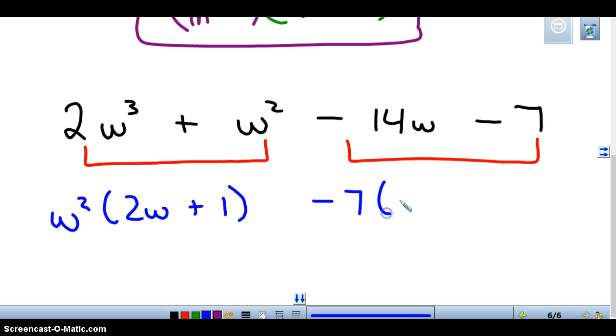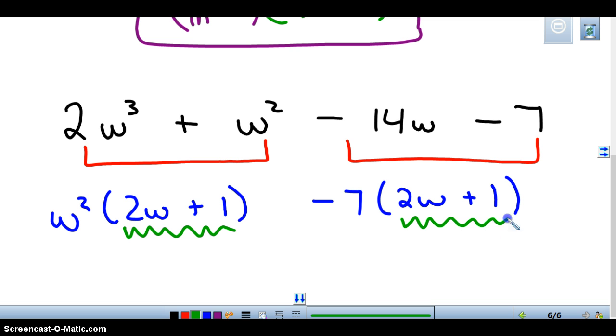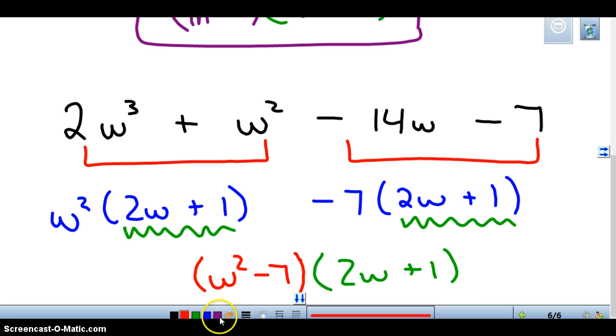Negative 7. We're left with 2w plus 1. Do we have a common binomial? So if we continue factoring, we can factor out the binomial they have in common. And what do we have left over? W squared minus 7.